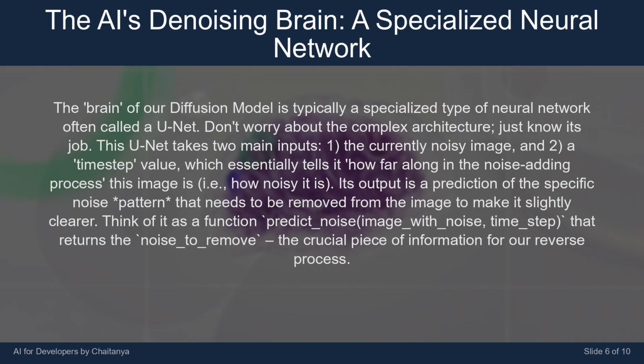Its output is a prediction of the specific noise pattern that needs to be removed from the image. To make it slightly clearer, think of it as a function predict_noise(image_with_noise, time_step) that returns the noise to remove, the crucial piece of information for our reverse process.